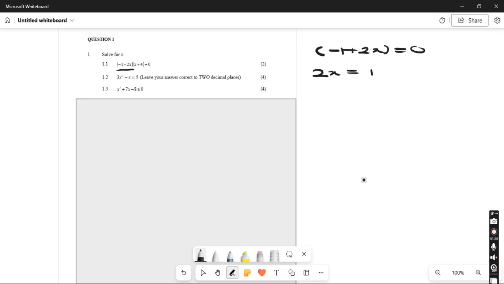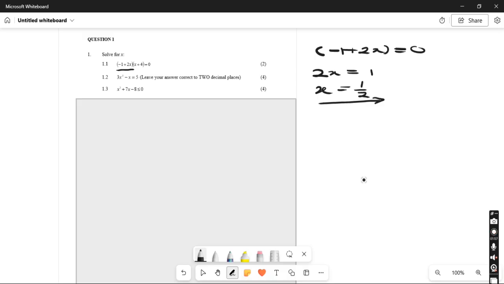And the reason why I'm solving it this way is because we are in grade 12, guys. So in grade 12, I expect that this is just easy peasy. This is just small stuff. So from here, we've got x to be equal to half, and done with the first part of the problem.